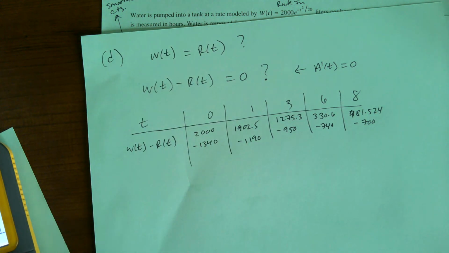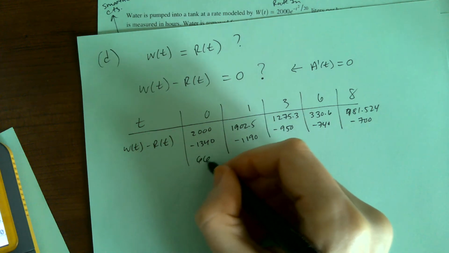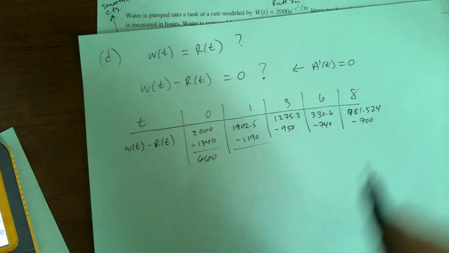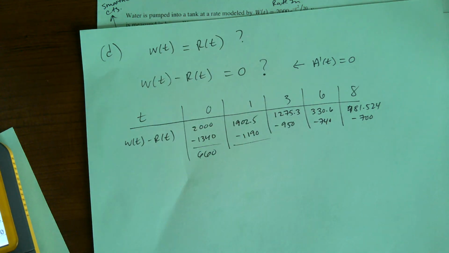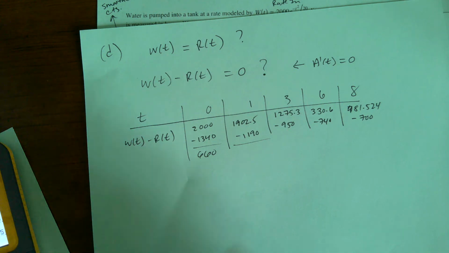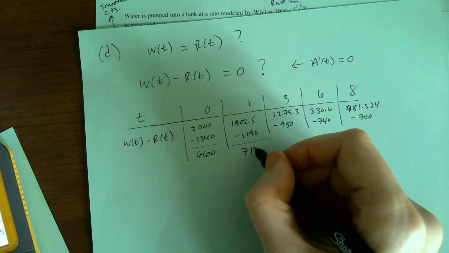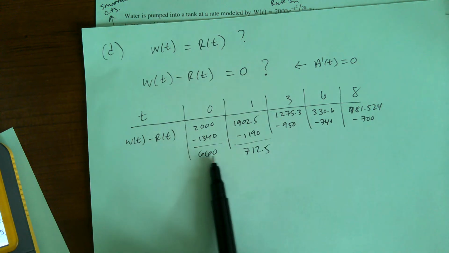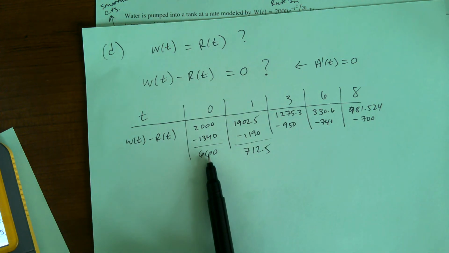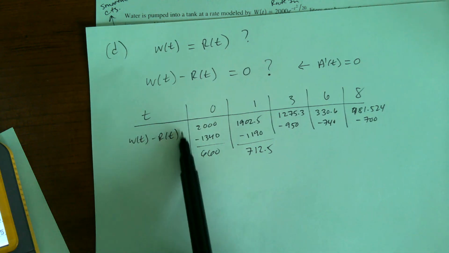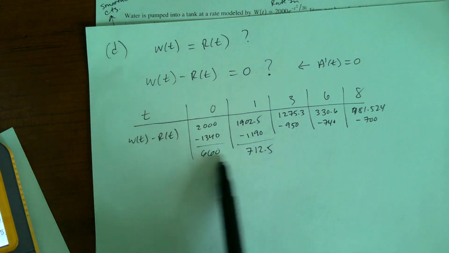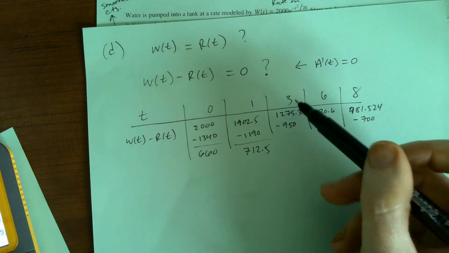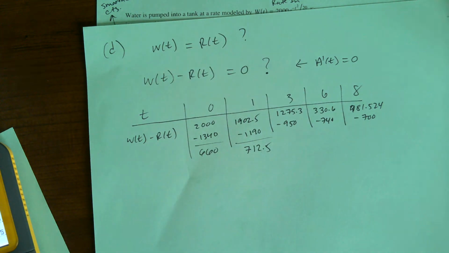So 2,000 minus 1340 is 660, 1902.5 minus 1190 is 712.5. Okay, so I don't have a sign change. So if the value for which this is 0, I can't prove that it's between 0 and 1 because it's positive. So there's no sign change there.